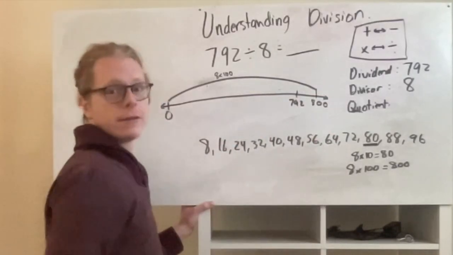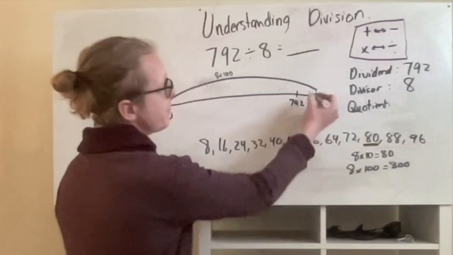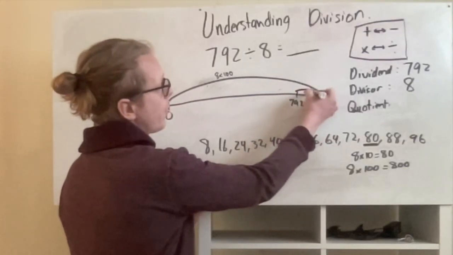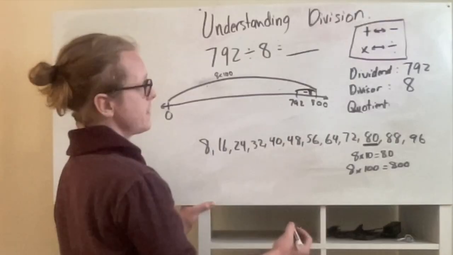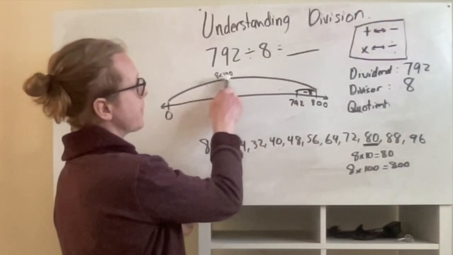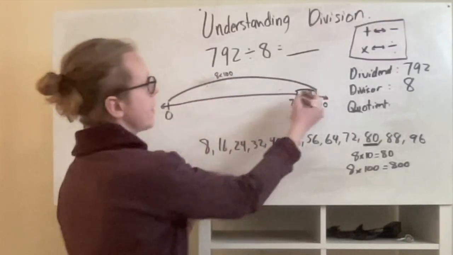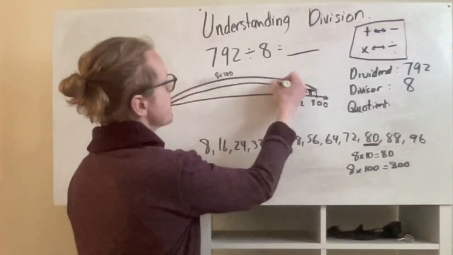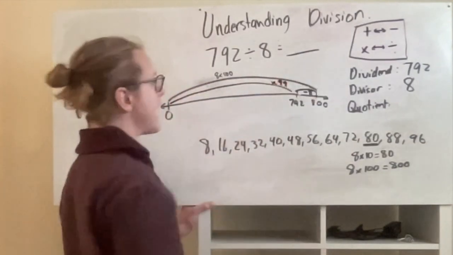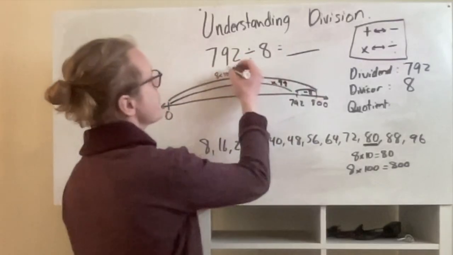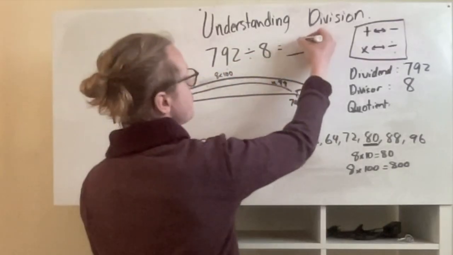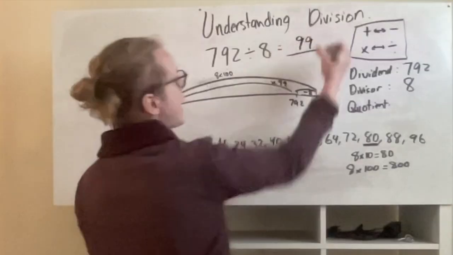We've overshot it, right? How much did we overshoot it by? Well, by 1 eight. So instead of counting by 8 100 times, right? That means this is simply 99 times, okay? So 8 goes into 792 99 times.